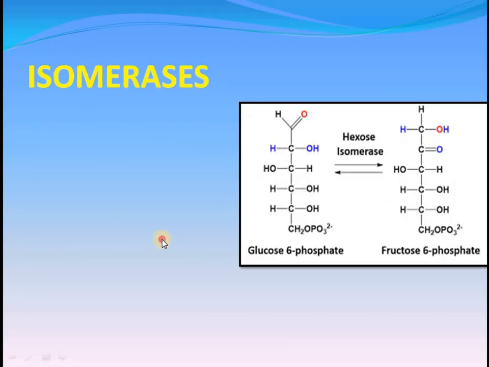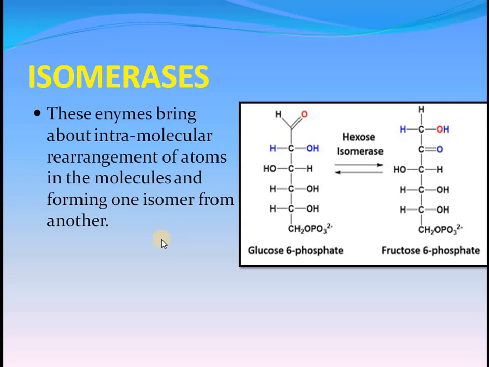Now the next is isomerase. These enzymes bring about intracellular rearrangement of atoms in the molecules, forming one isomer from another. That is A, B and C. These reactants are converted into A, C, B. Basically there is a rearrangement of atoms.